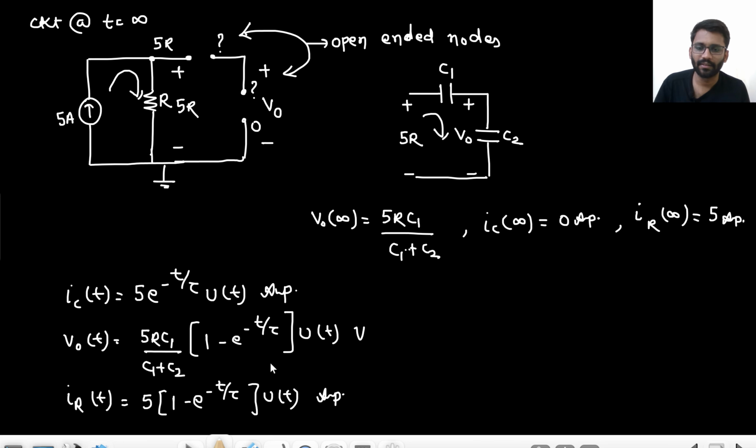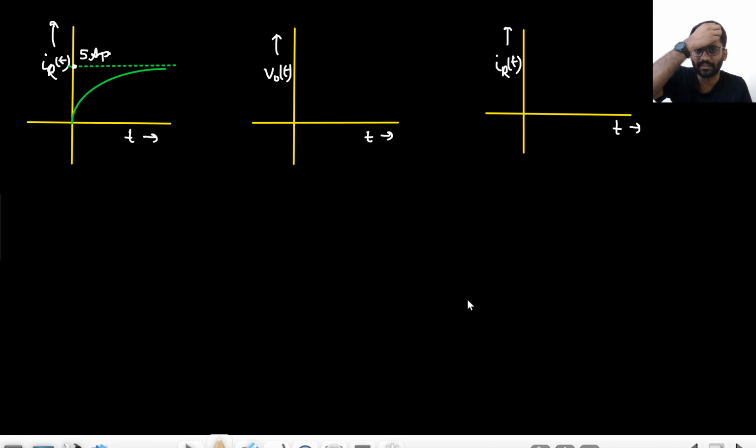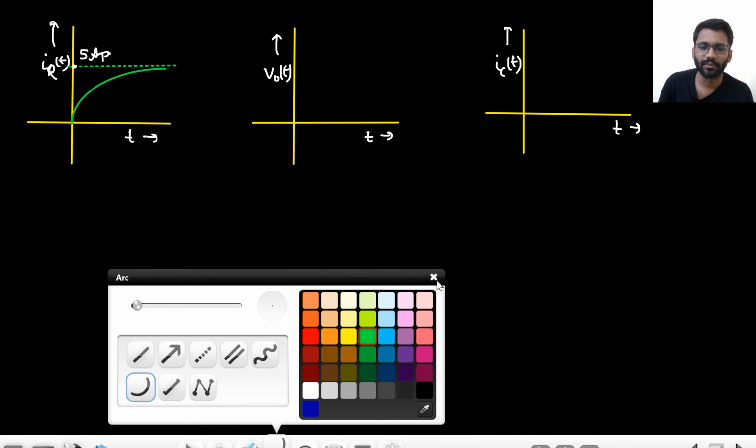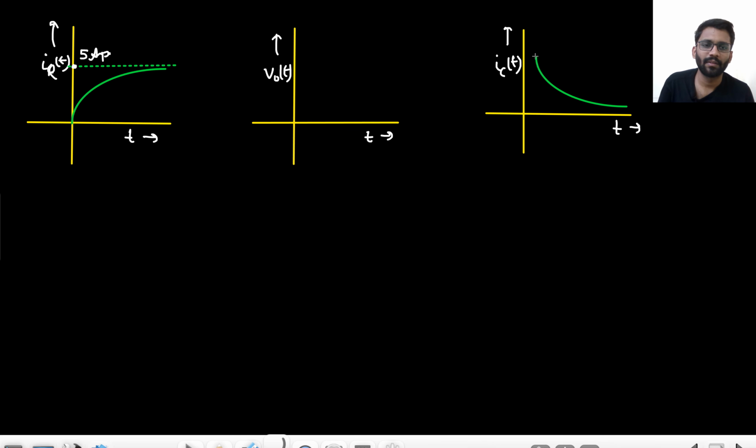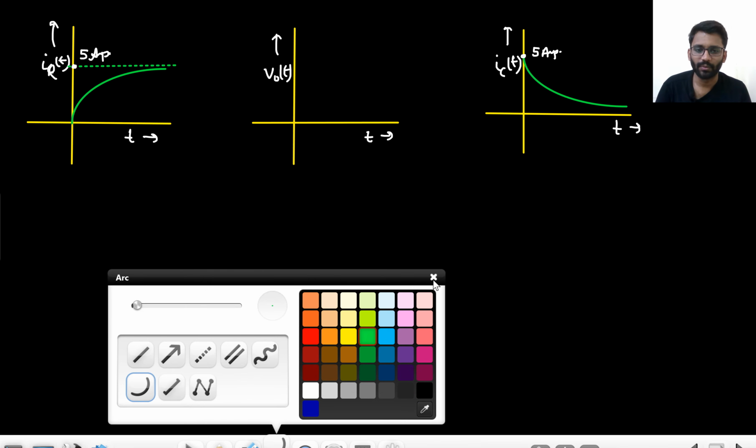This is IRt, right? From 0 to 5. ICt I will make here. ICt is from 5 ampere to 0 ampere. And V0t is from 0 to a certain value.